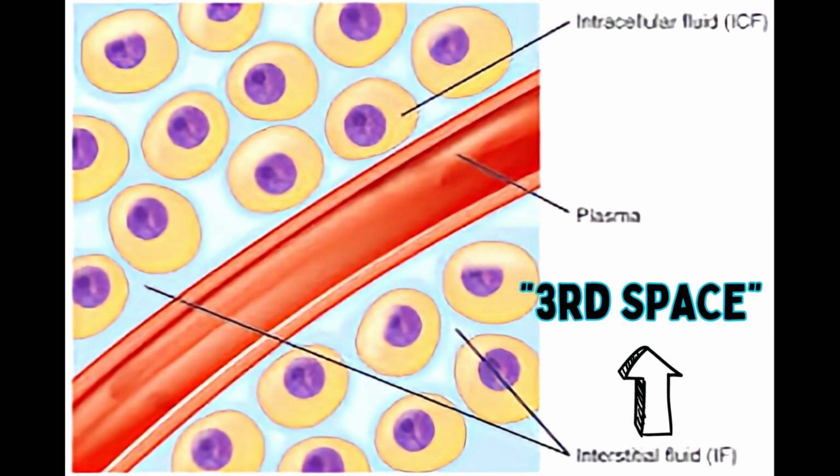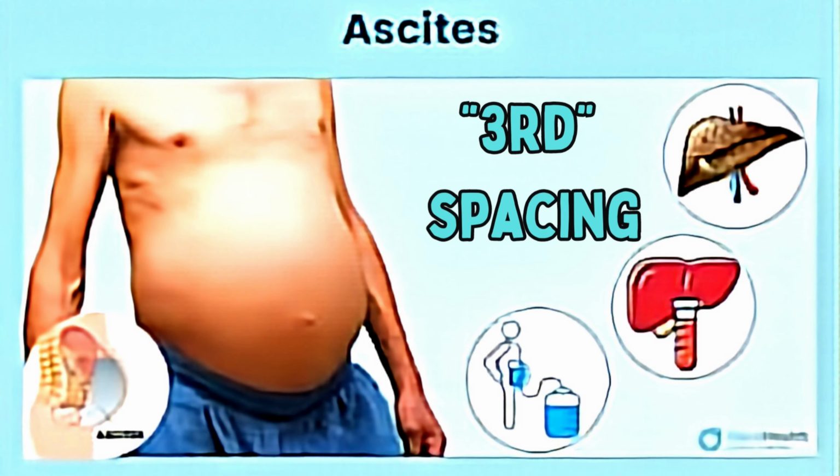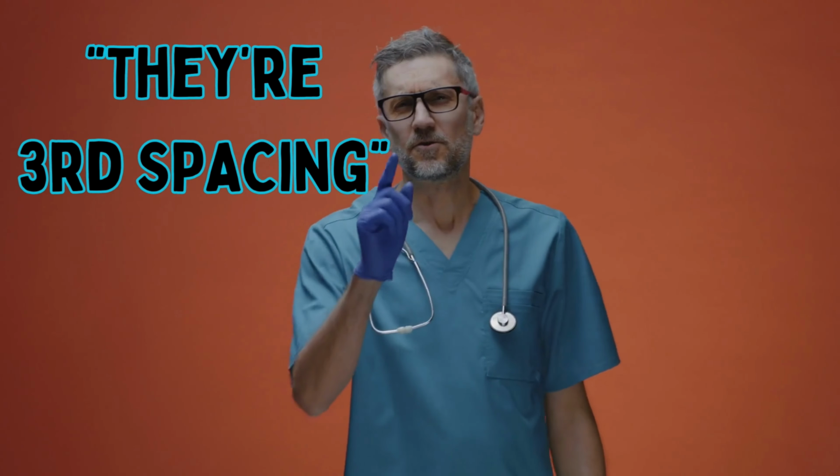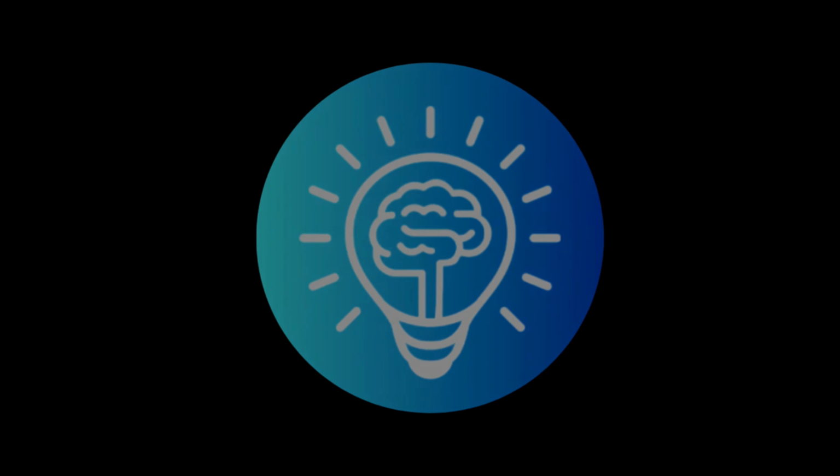And at some point, you'll come across a patient that has unexplained weight gain, severe pitting edema, or low blood pressure, and here they're third spacing. And this is what it's referring to, an unexpected shift of fluid from inside their veins and arteries into the tissues.